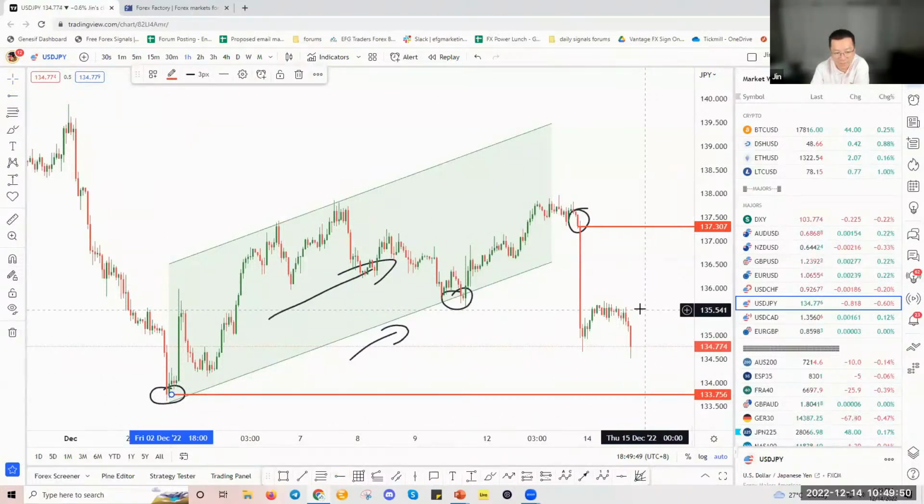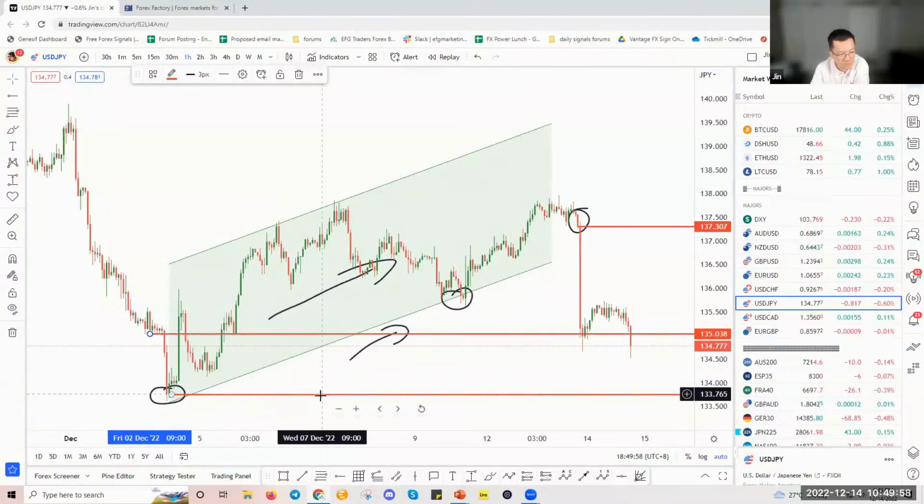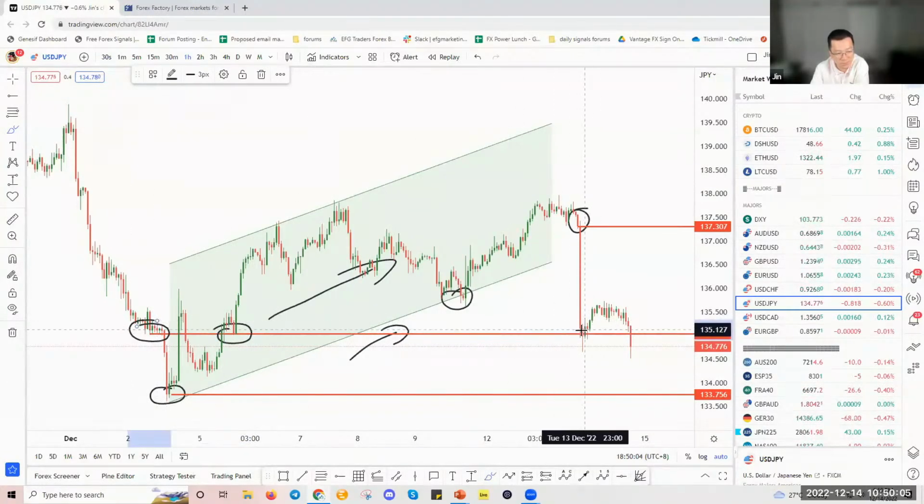We know we have a key support level there at 133.75. We know that there was also another level there, a bit of a consolidation level, I mean, a refraction level there. And that's why we saw the US yen drop to that support of 135 before consolidating, bouncing back up, and then now looking to trade lower again.